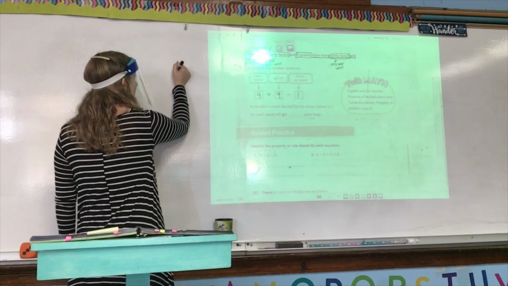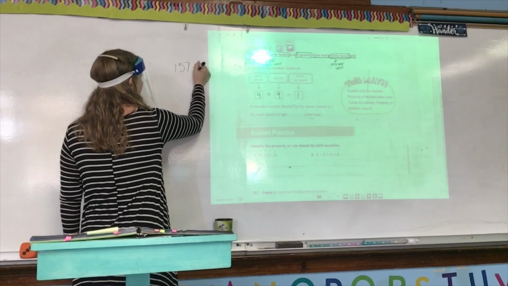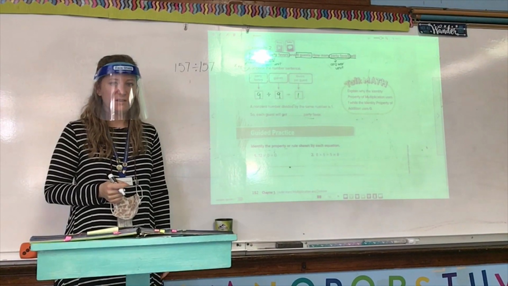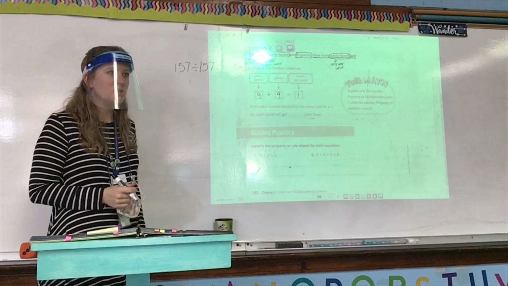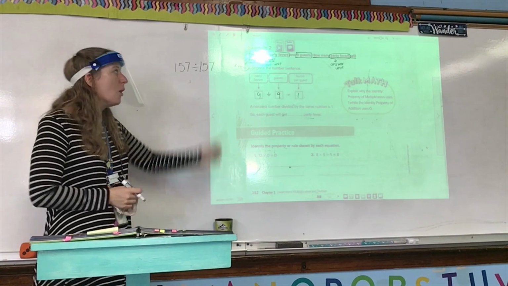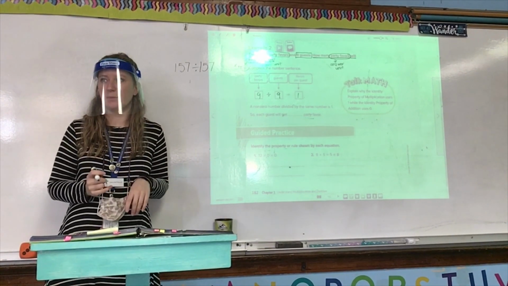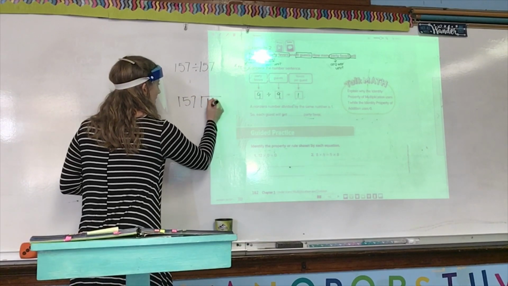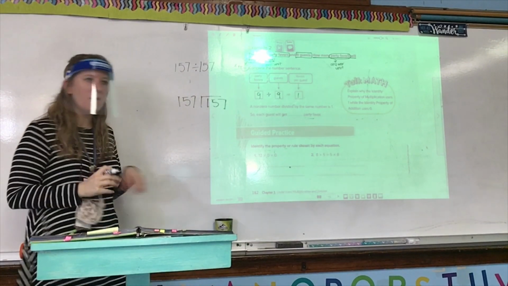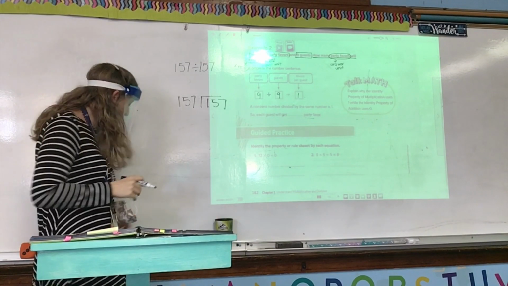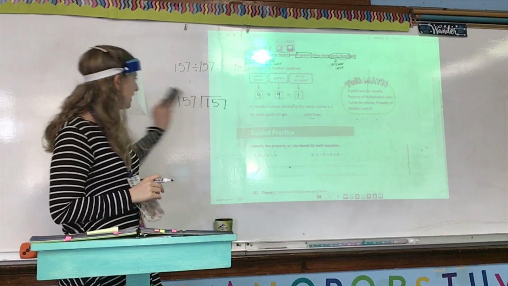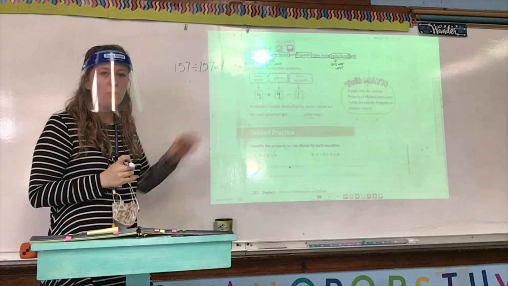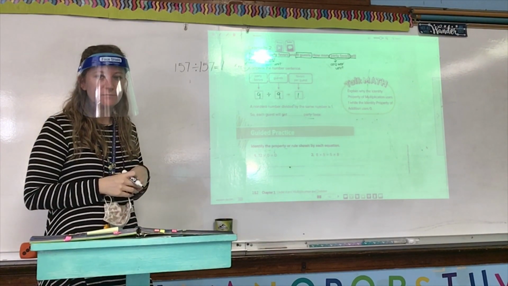Because if we have 157 divided by 157, is this a basic fact? Is that going to help us knowing basic facts? No. What will help us to solve this number? We don't know how to do that yet. But what will tell us, okay, the answer is 1, no matter what?